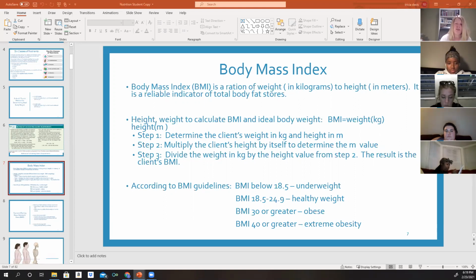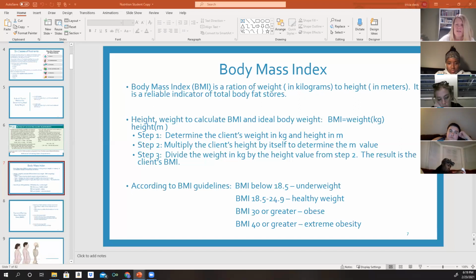To calculate this, you take your height and your weight to calculate your BMI and what they determine to be an ideal body weight. So you would determine the client's weight in kilograms, and in meters, you would multiply the client's height by itself to determine the M value, divide that weight in kilograms by the height value from step 2. This result is the client's BMI.